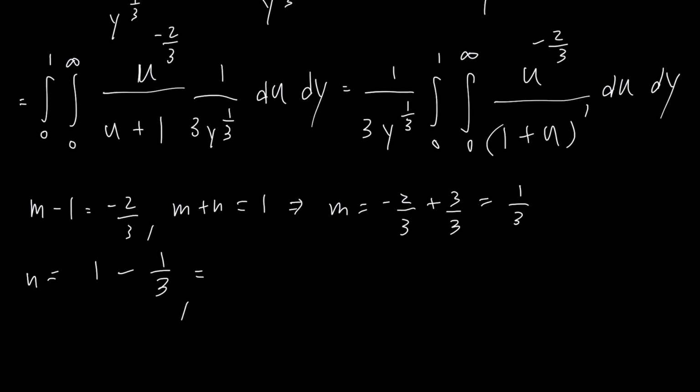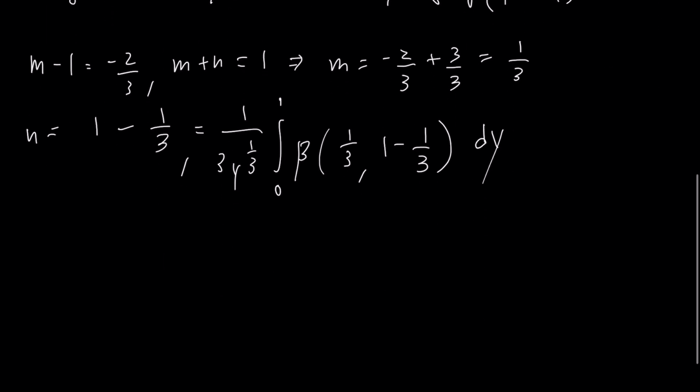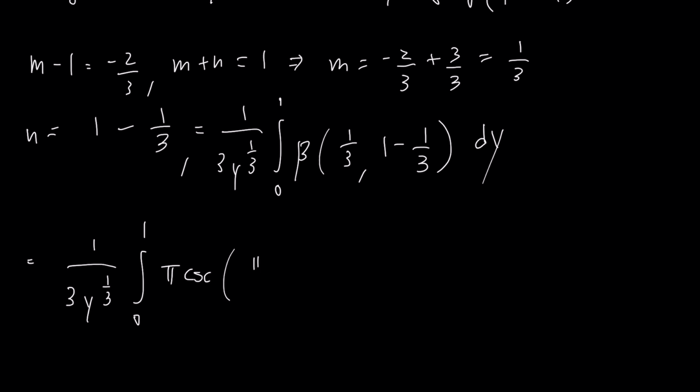So we now have 1 over 3 times y to the 1/3, the integral from 0 to 1 of the beta function of m comma n, which is 1/3 comma 1 minus 1/3, and that would be just dy. And this is a special case of Euler's reflection formula. So we have 1 over 3 times y to the 1/3, the integral from 0 to 1 of pi cosecant of pi over 3 dy.